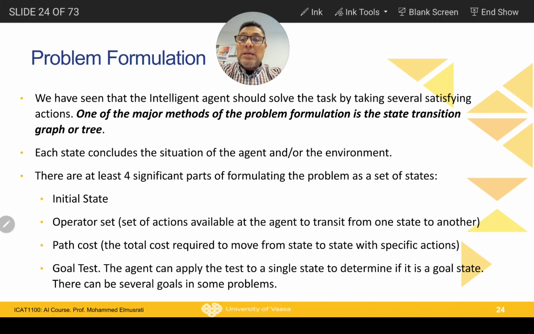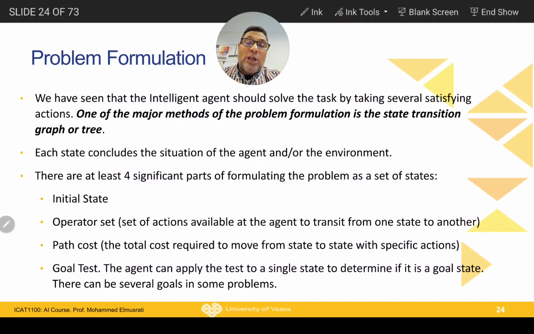Okay, so in problem formulation, one of the best ways to handle many problems is by using a state transition graph or tree. This gives us a very good formulation of the problem, and we can handle such kinds of problems relatively easily.